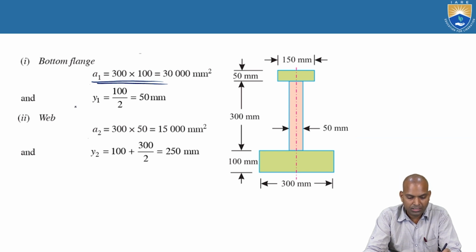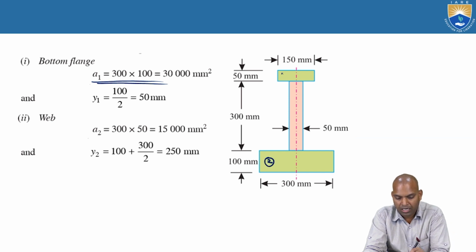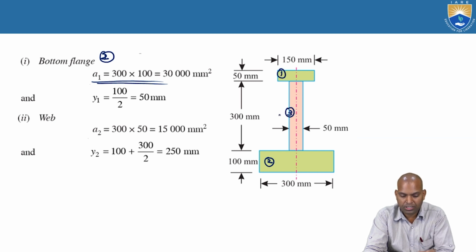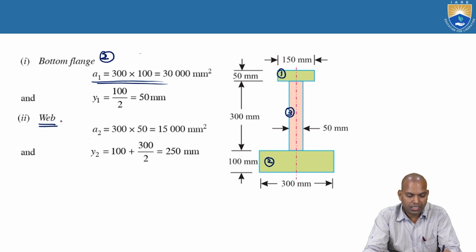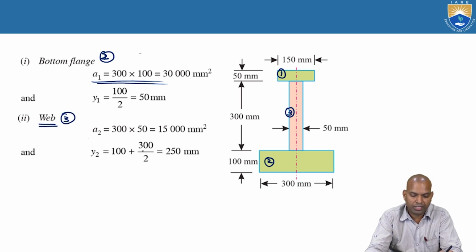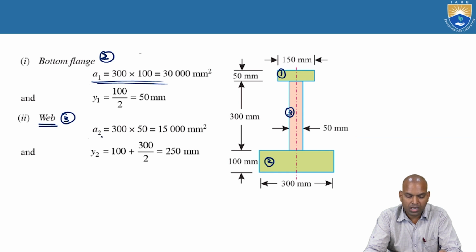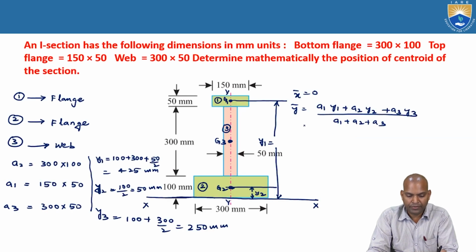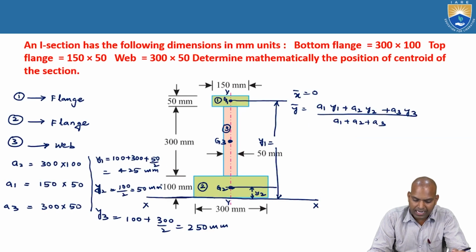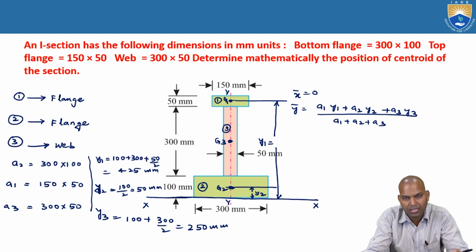Here we considered the bottom flange as section 2, the top flange as section 1, and the web as section 3. Don't get confused by the notation. You can consider any section as section 1 and go through it.